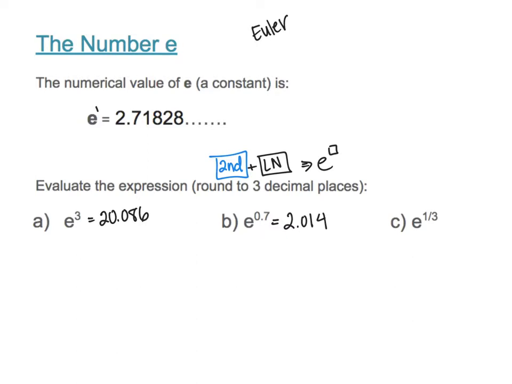I'm going to try it one more time with the e that has the fraction, the 1/3. So I have e to the 1/3. If you want to do fractions in the calculator, you could just do it as 1 divided by 3 and hit enter. And I got 1.396.